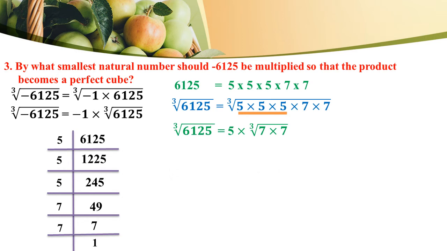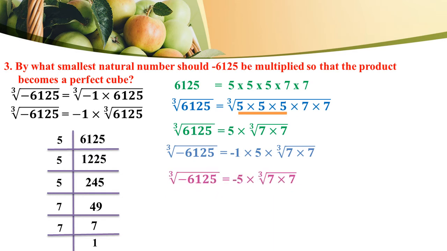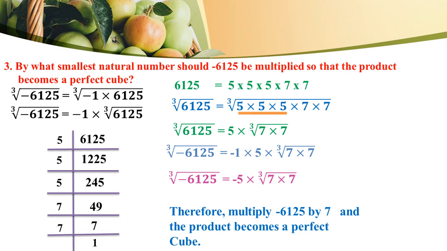Here the given number is minus 6125, so cube root of minus 6125 equals minus 1 into 5 into cube root of 7 into 7, which is minus 5 into cube root of 7 into 7. Here 7 does not appear in a group of 3. So, multiply minus 6125 by 7 and the product becomes a perfect cube.